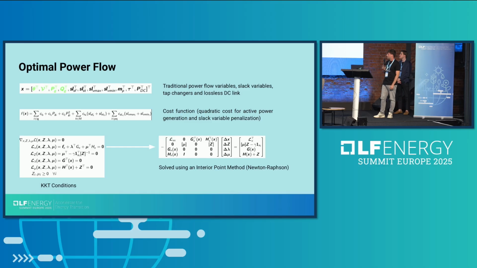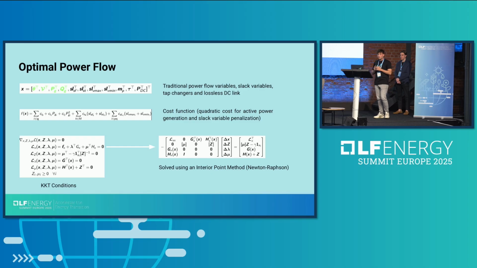This expanded formulation has to account for this relaxation of the constraints in order to avoid getting into unfeasible solutions. So we penalize the overloads of the line ratings and the overvoltages or undervoltages of the buses, and we include it in the typical quadratic cost function for the active generation.